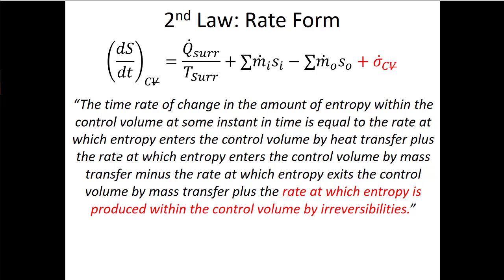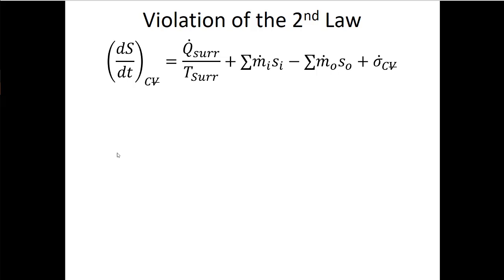Now, the good news is, what do we know about entropy generation? We know that the entropy in the universe is always being generated. So that means if I plotted entropy in the universe over time, the slope would always be positive. Always, always, always. And this sigma dot is kind of like the slope of that line. So for something to exist in real life, this sigma dot term has to be positive for real processes.